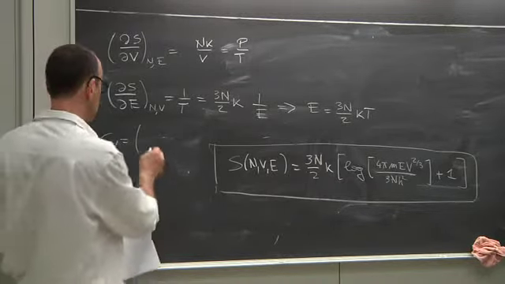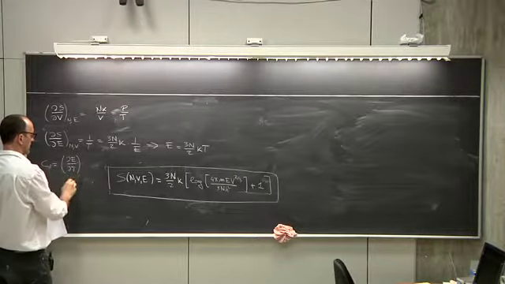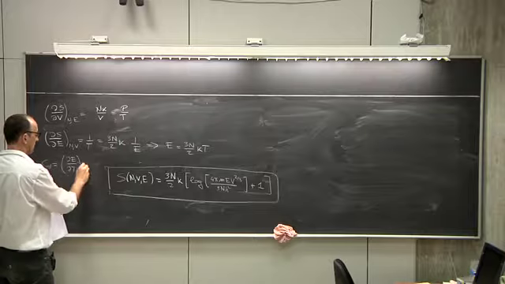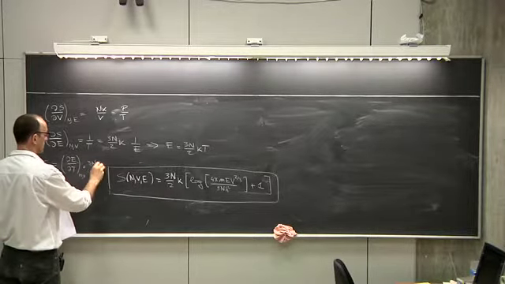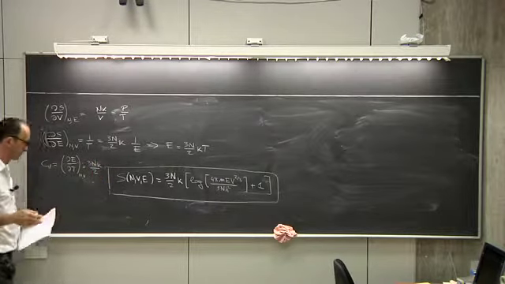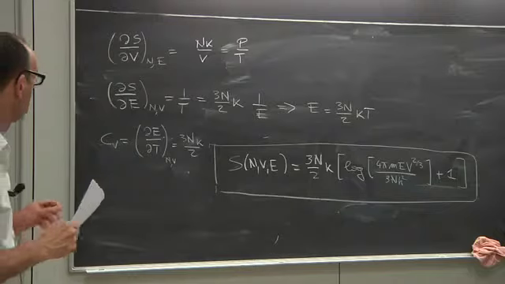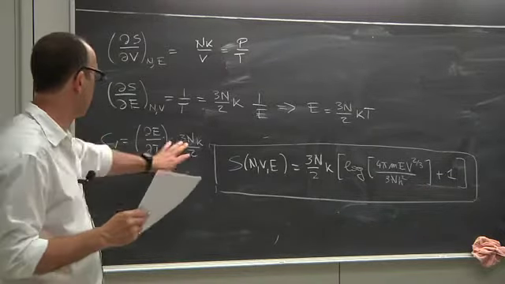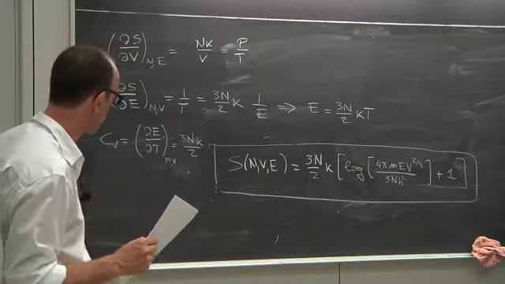So it's just dE/dT at constant N and V, and this is just 3Nk over 2. So the specific heat at constant volume is a constant.